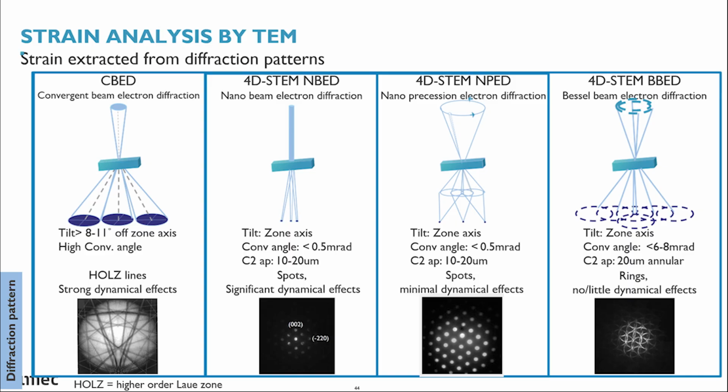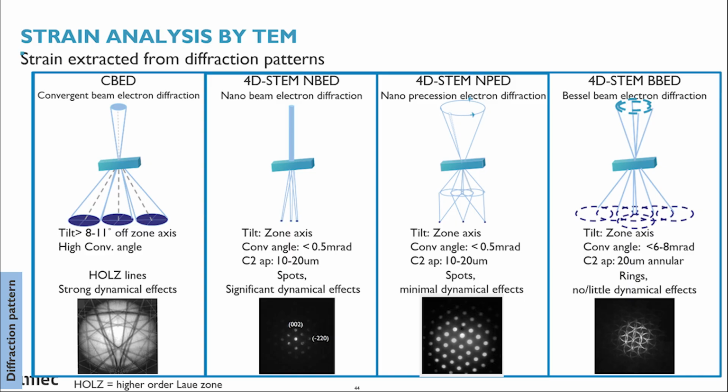For these techniques, we use an electron beam to scan across our sample to obtain a STEM image, and for each scanning position we can record a diffraction pattern.